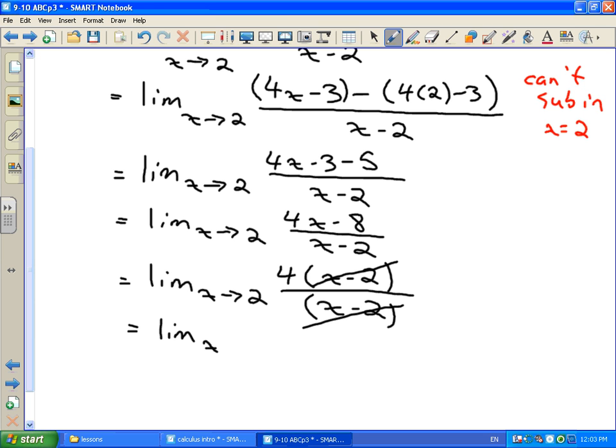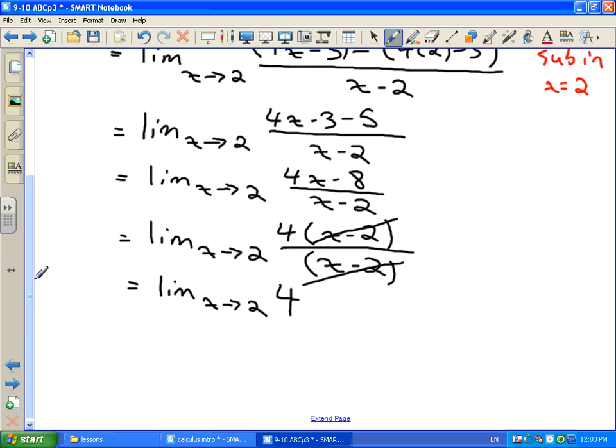So I get the limit as x tends to 2 of 4. This limit doesn't depend on x, because after the simplification I have no x's left. So I don't actually have to sub in x equals 2, but this is the stage where I would, and nonetheless I get 4.